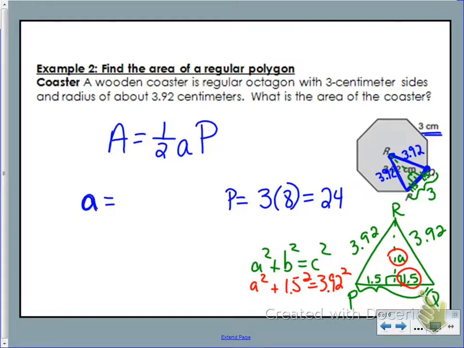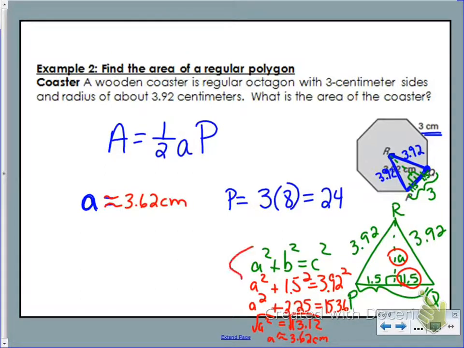Go ahead and take a minute to find the length of A. Pause your video and do that. Okay, by using Pythagorean theorem, you should have found that the apothem is about 3.62 centimeters. If you did not come up with that, just look through my steps and see if you can find your mistake and continue on from there.